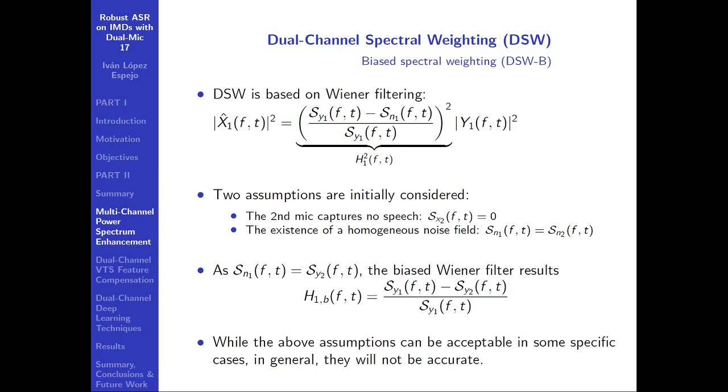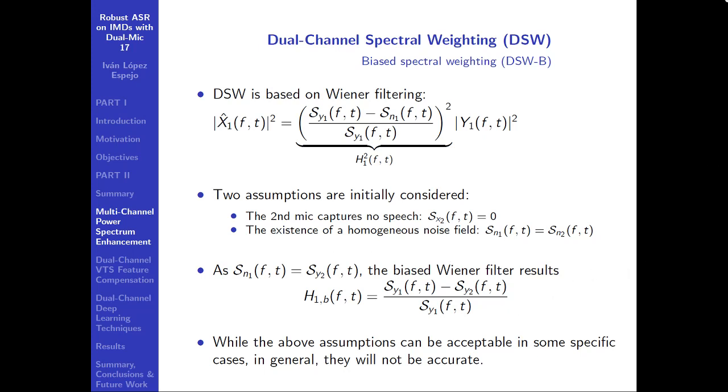As a consequence, we can observe similar noise power spectral densities at both microphones. So under these assumptions, the noise power spectral density at the primary channel equals the noise power spectral density at the secondary channel. So the Wiener filter can be easily estimated by just using the noisy speech power spectral densities from the dual-channel noisy observation.